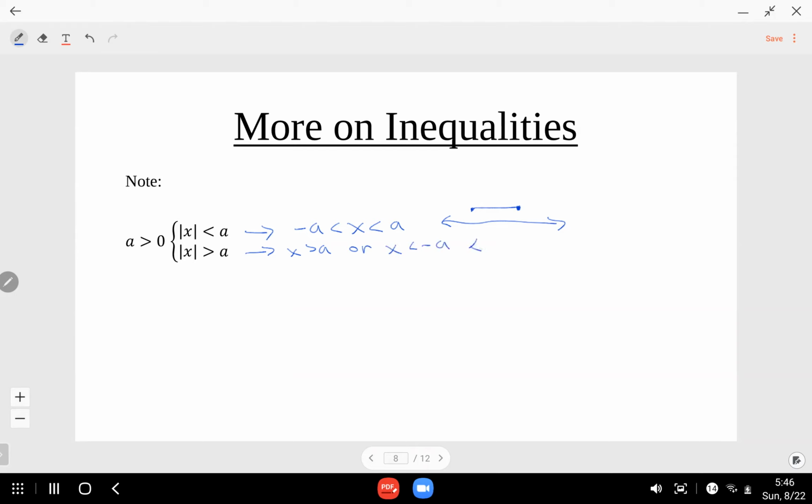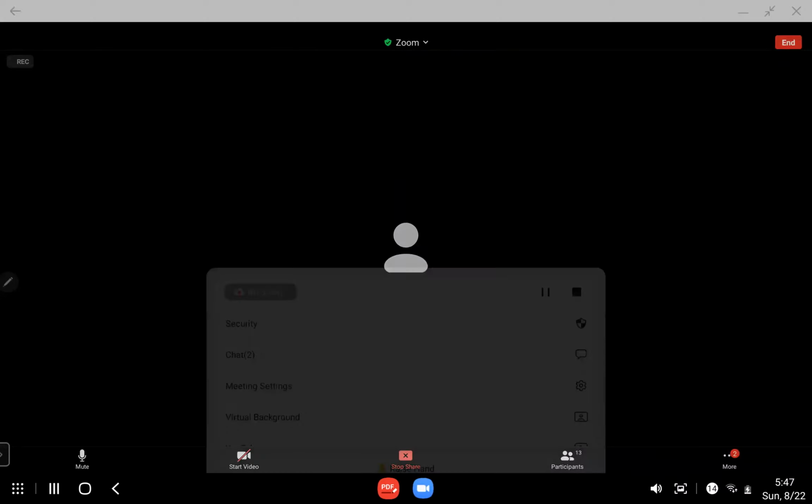(If a is negative, the absolute value is greater than a negative number, so that's all real numbers.) So the interval here would actually be two of them, one pointing there, one pointing there. This is extremely important when you're graphing and answering absolute inequalities. So, any questions?